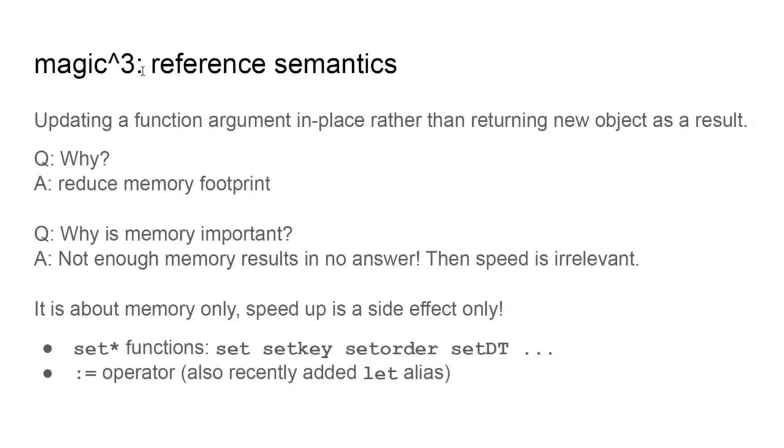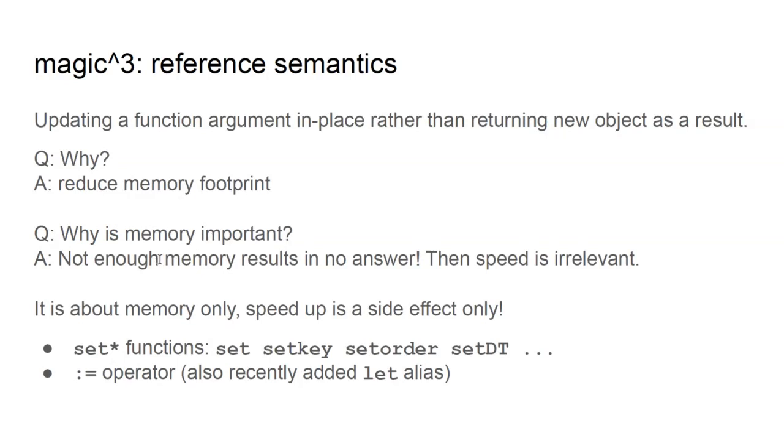Then another magic that I mentioned before about the Walrus operator is reference semantic. And here I will just shortly elaborate why it matters, basically. The thing is that it reduces memory footprint. And why memory is important?